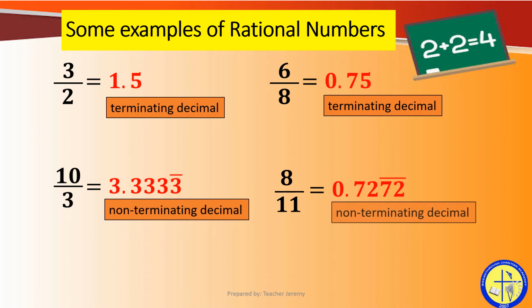And this is also called a non-terminating decimal. Another example, we have 15 and 5. 15 divided by 5 is equal to 3. And 3 is an integer. Integer is also an example of a rational number.